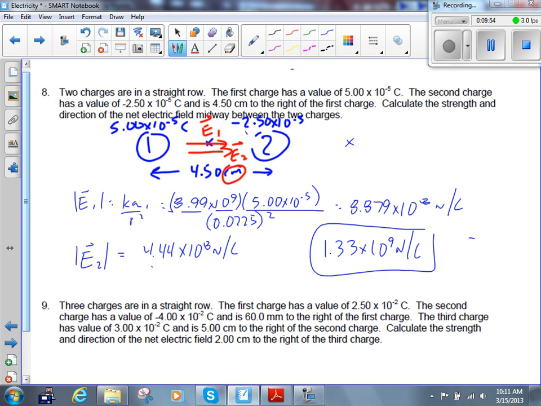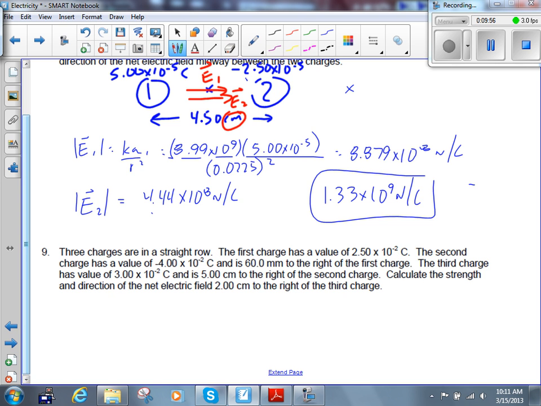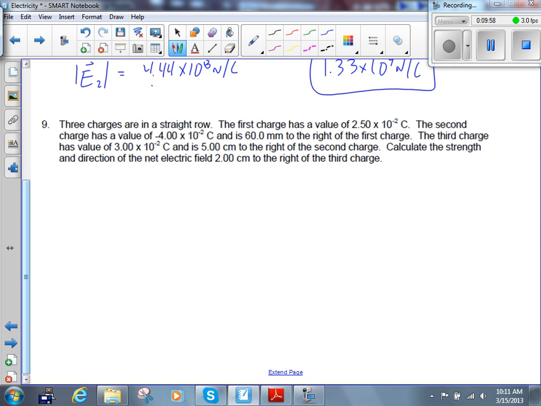Okay, number 9. 3 charges are in a row. The first one, we'll call it charge 1, has a value of 2.50 times 10 to the minus 2 coulombs. Then there's another one, charge 2, that's 60 millimeters to the right of charge 1, and it has a value of negative 4.00 times 10 to the minus 2 coulombs.